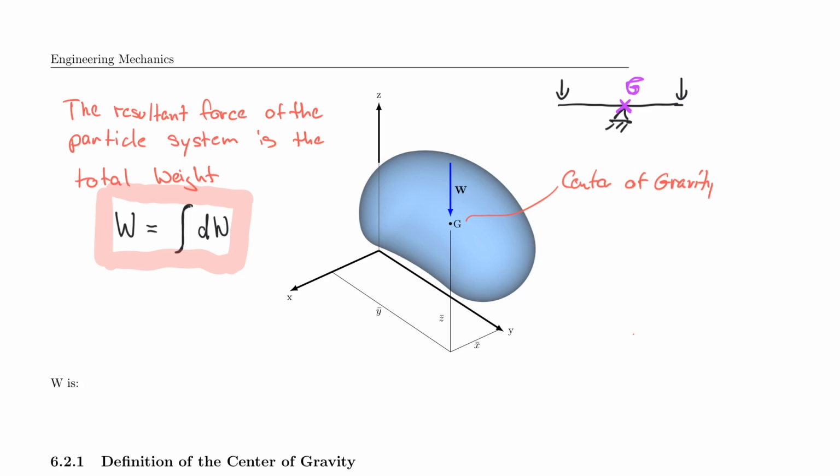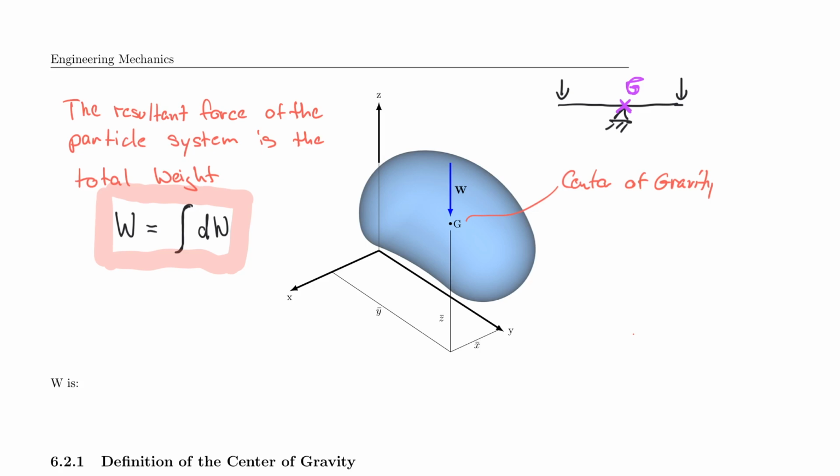Now let's notice another thing, and that is how G is represented here. It is given with these distances here, X bar, Y bar, and Z bar. So I need to write that down as well.